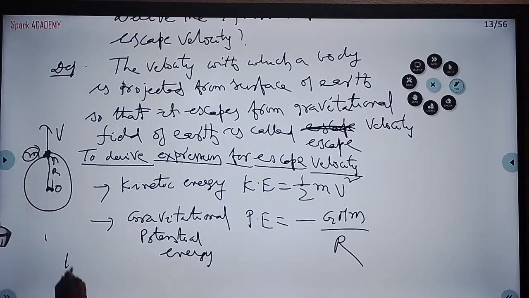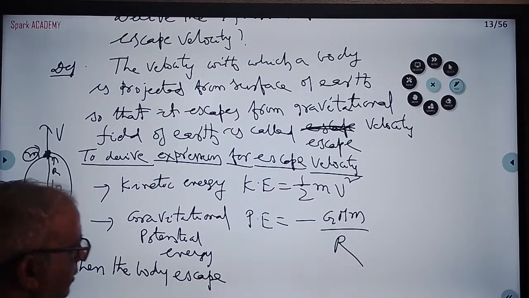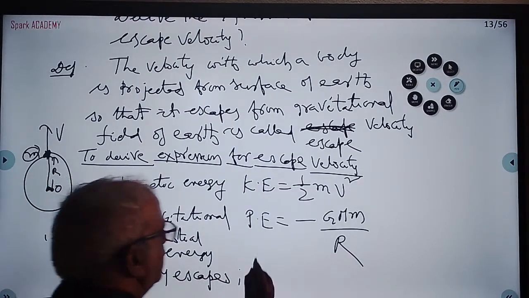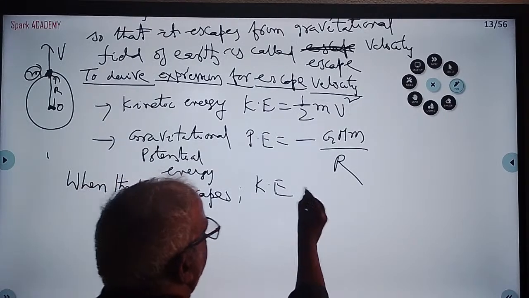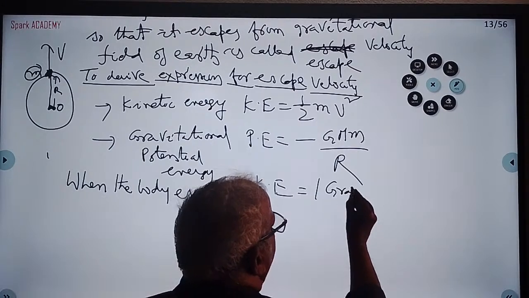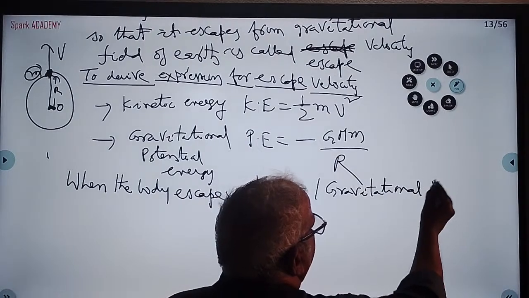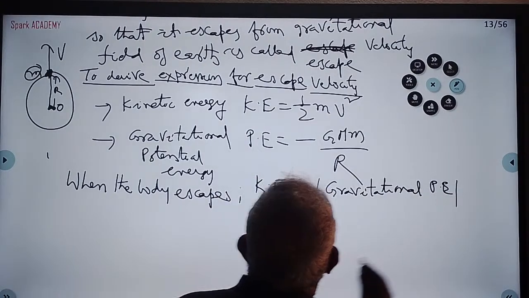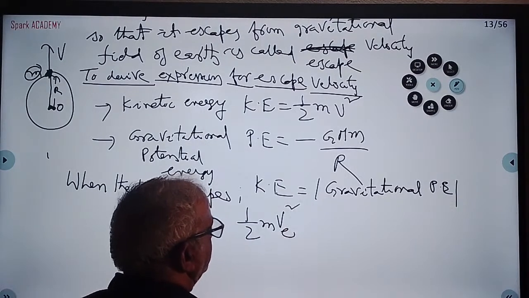When the body escapes, kinetic energy will be equal to the magnitude of gravitational potential energy, or binding energy. Whenever it escapes, you have to write escape velocity.